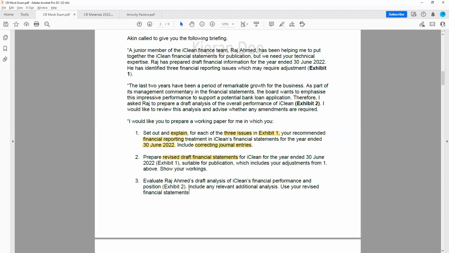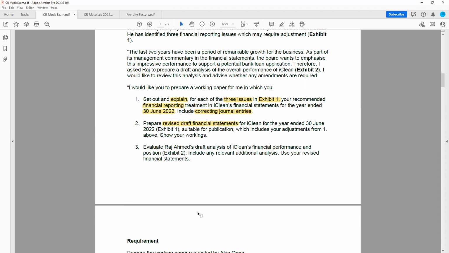The other requirement we have here is: evaluate Raj Ahmed's draft analysis of ICAEW's financial performance and position, include any relevant additional analysis, use your revised financial statements.